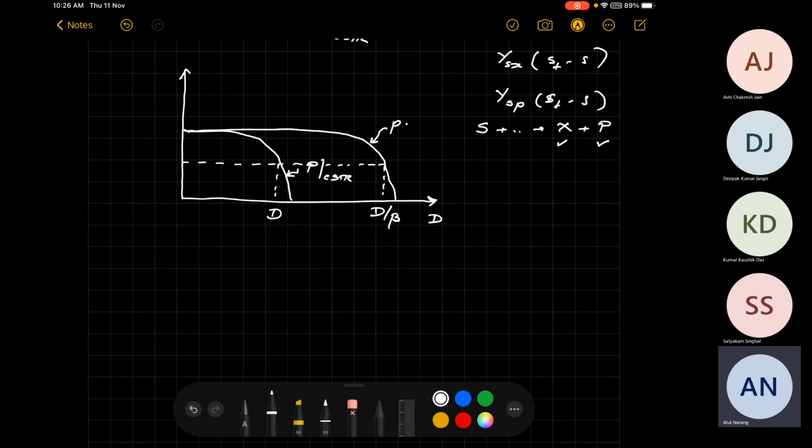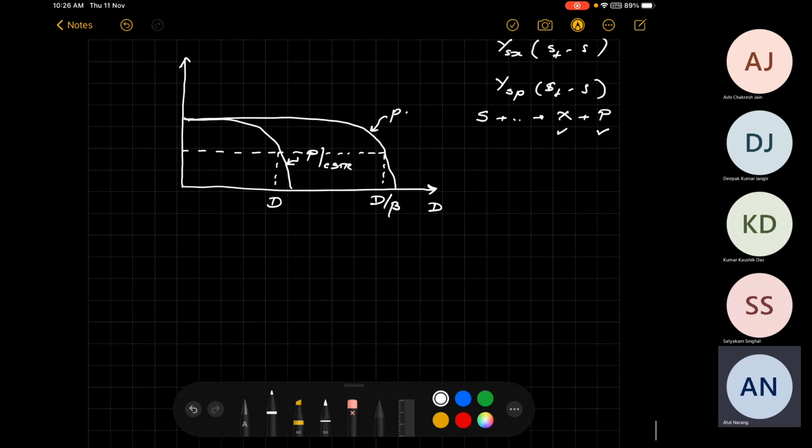Supposing P is your recombinant protein, then by switching from a CSTR to a recycle reactor, you can gain productivity. First, let me write down the volumetric productivity. The volumetric productivity is equal not to P, but to D times P. Now, if you are able to make protein at the same concentration, but at a much higher dilution rate D over beta, then obviously your volumetric productivity has gone up.